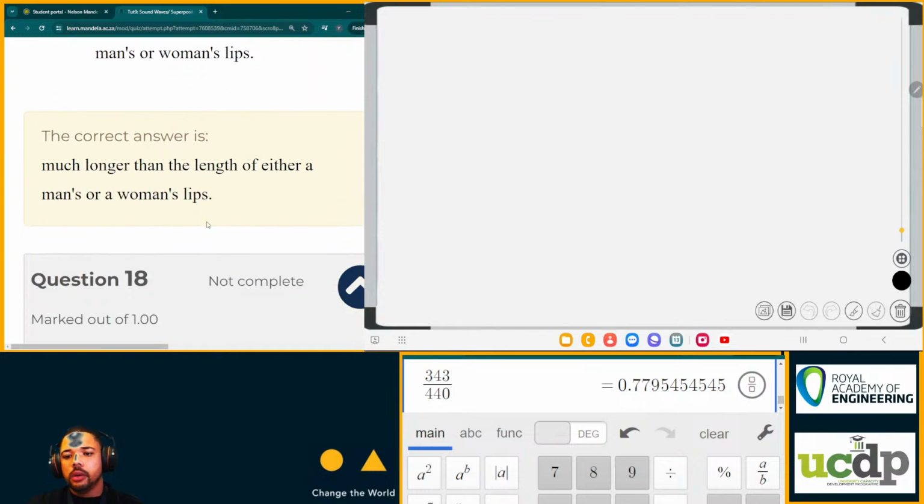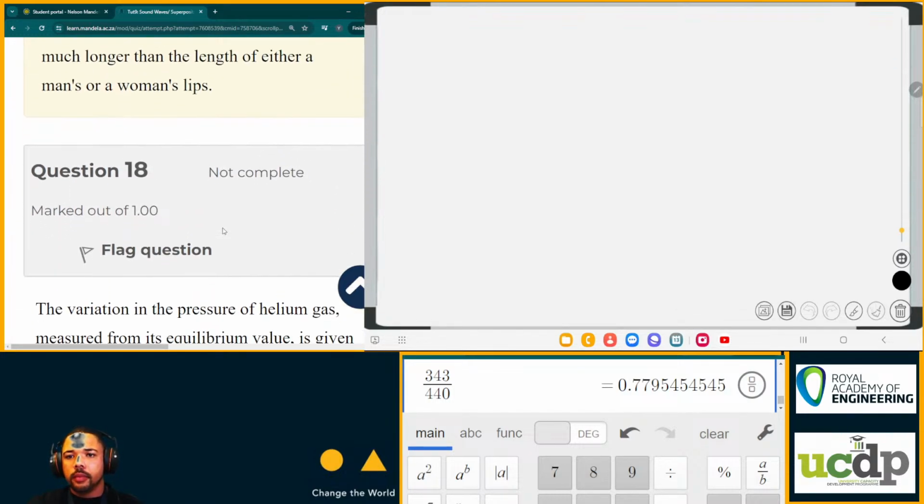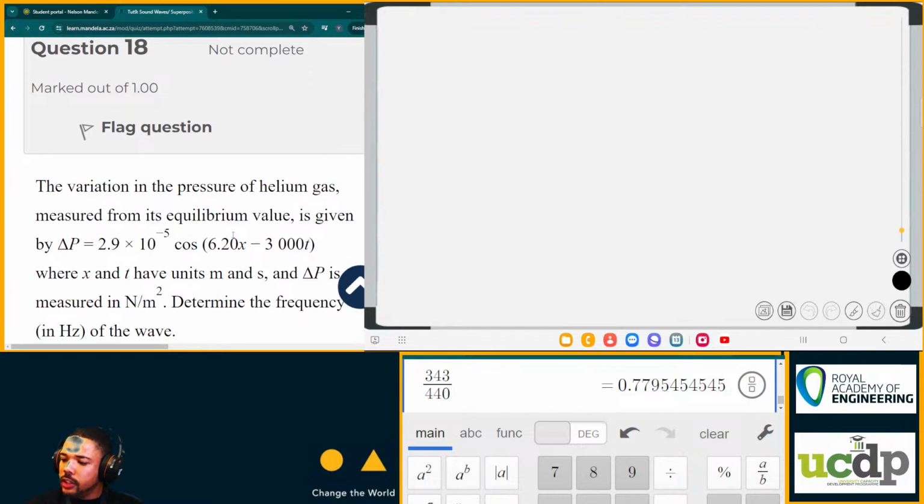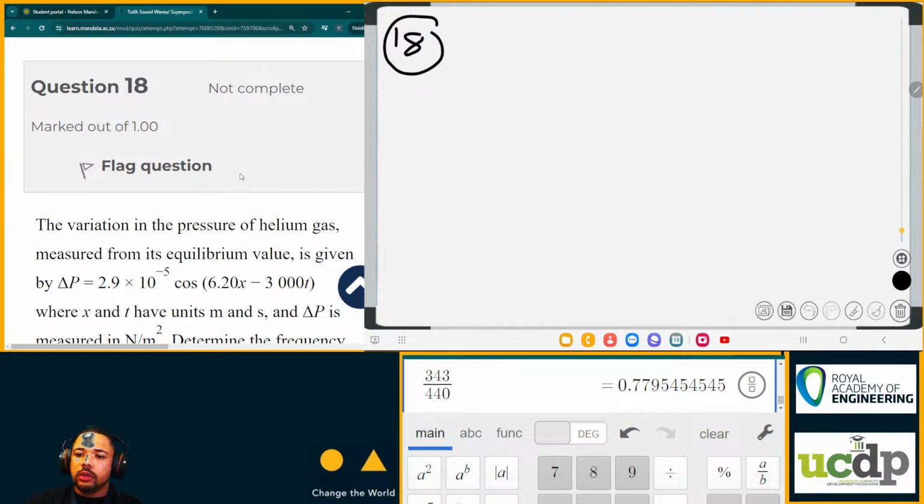Okay, now question number 18. This question is based on the pressure of helium gas, the variation in pressure.